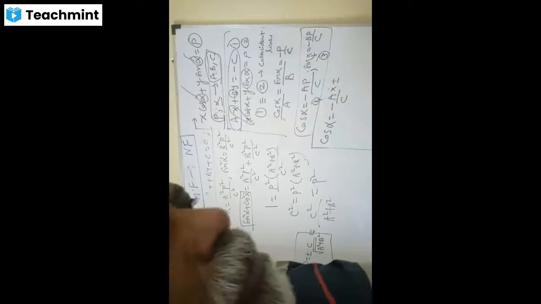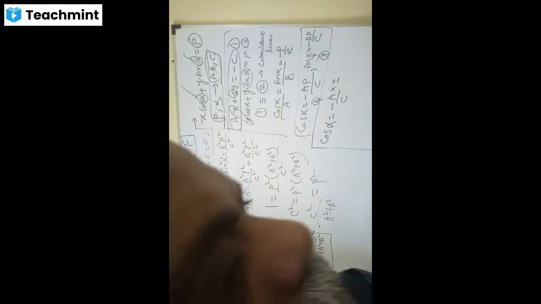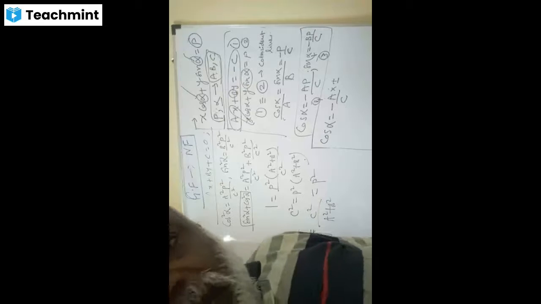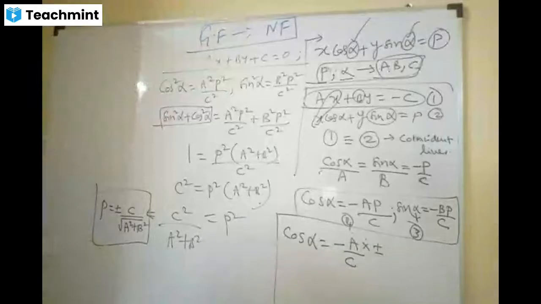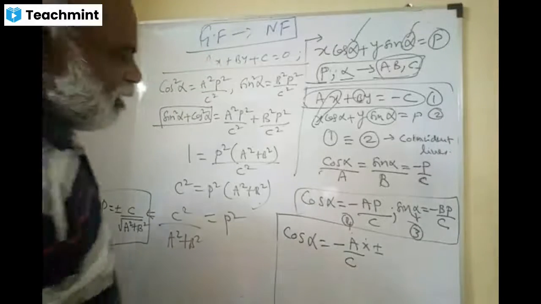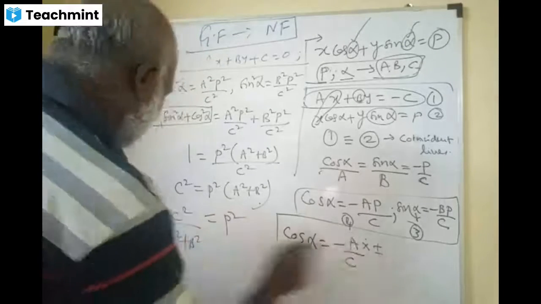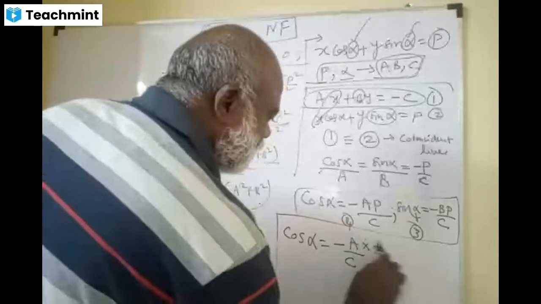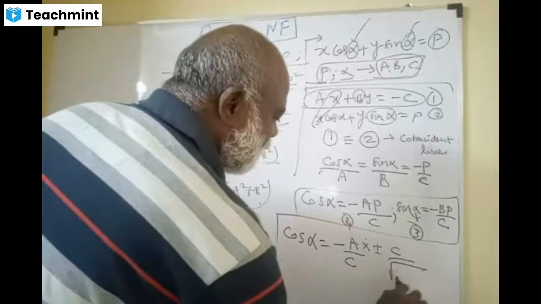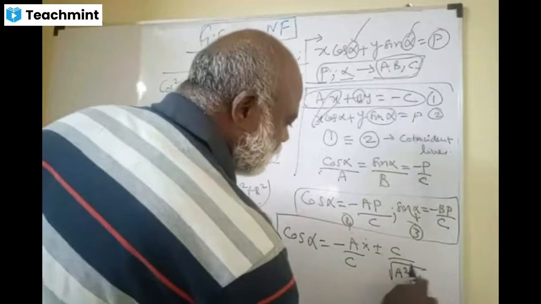Minus A by C into plus or minus C by root of A square plus B square.